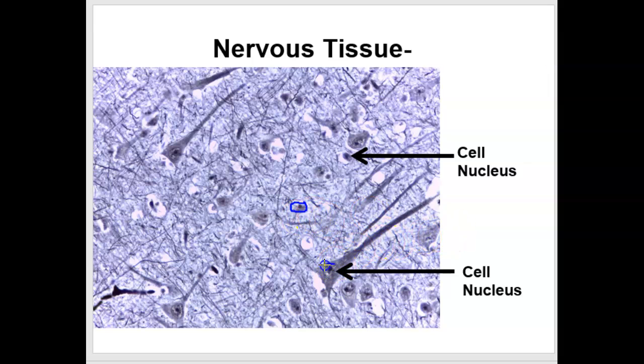Okay, so in neurons it's most obvious because you can see some cytoplasm around the nucleus. Some of these other cell types, it's not clear whether you're looking at a whole cell or a nucleus. In this case, you're looking at a nucleus. But nonetheless, you'll probably identify nervous tissue just by the presence of these neurons. Okay, very elongated cell processes on neurons.